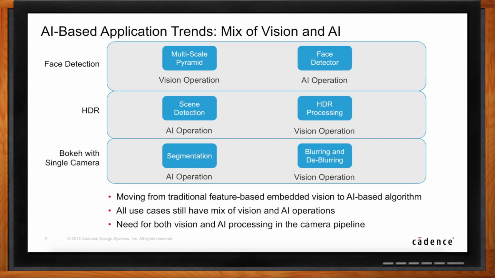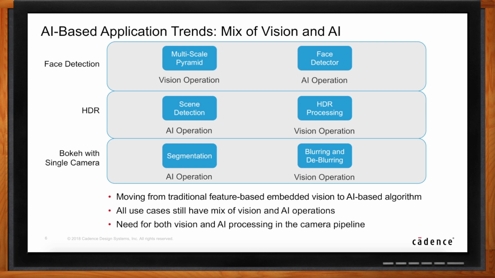HDR processing is a classic vision or imaging application. Instead of simply taking one image with a higher exposure and another with a lower exposure, you could apply AI first to do scene detection and find out what type of scene it is, then apply HDR and make it an intelligent HDR.